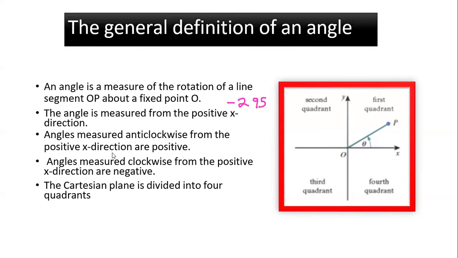Someone has spoiled the thing. The quadrants, members, they are constant the way you see them. This is the first, second, third, fourth. They don't change. Someone has spoiled it. I've seen an answer different. But I'm happy that many of you now have got the concept that we measure.